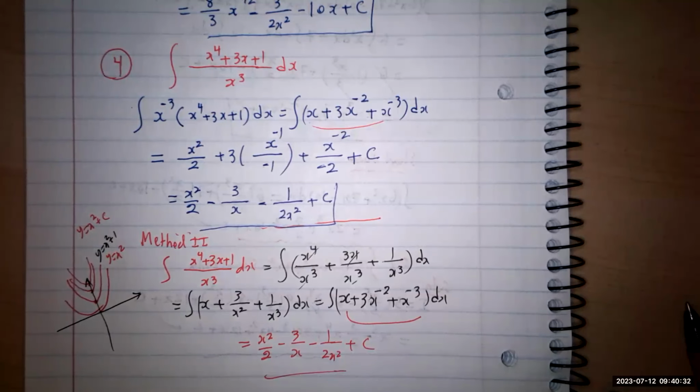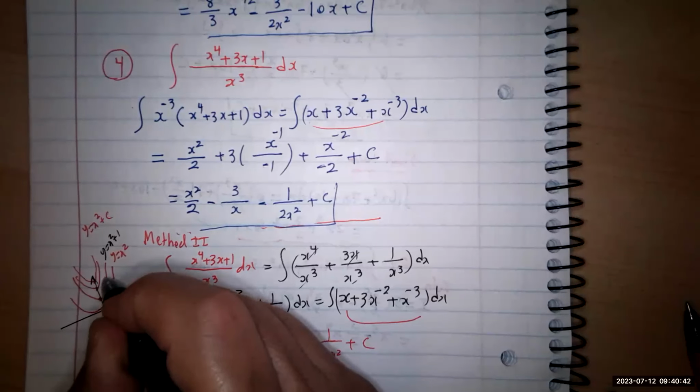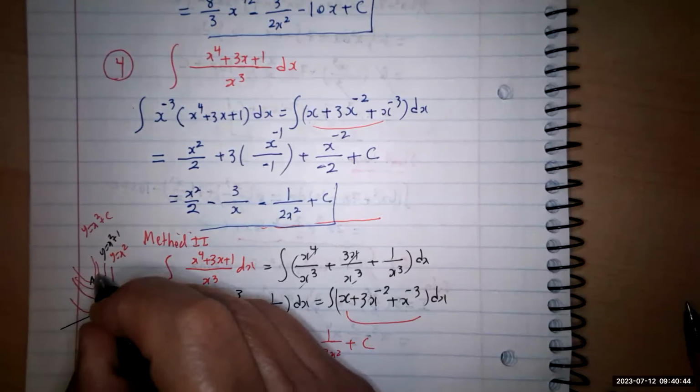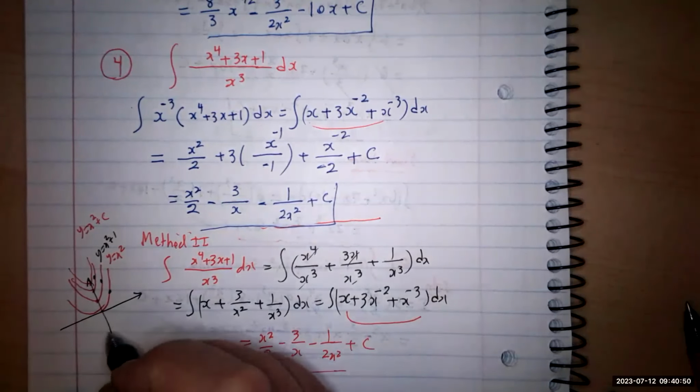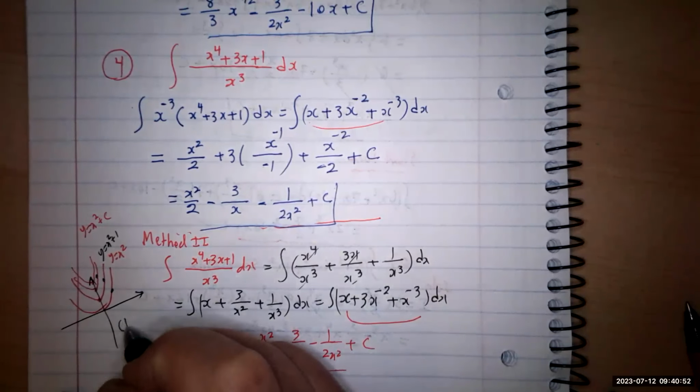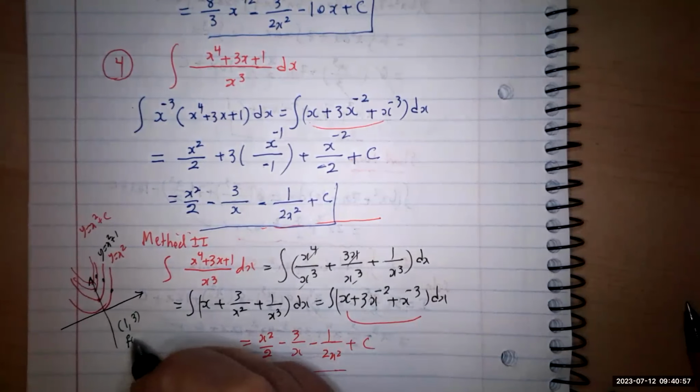You have to give us an address. So you have to give us a condition that enables us to find the C here. You have to give us 1 point of this graph, if you like. So you tell us that I would like to find a solution that passes through this point. For example, the point is going to be 1 and 3. Point 1 and 3 means f of 1 is equal to 3.